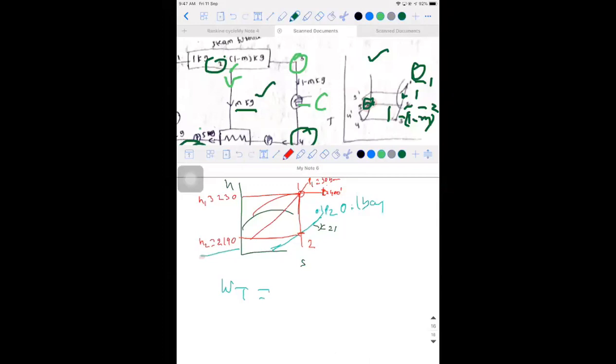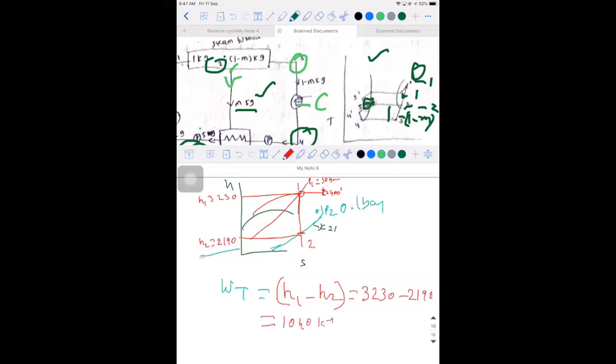Now we'll go with our work, and our WT is nothing but H1 minus H2, which is equal to 3230 minus 2190, and then it is equal to 1040 kilojoules.